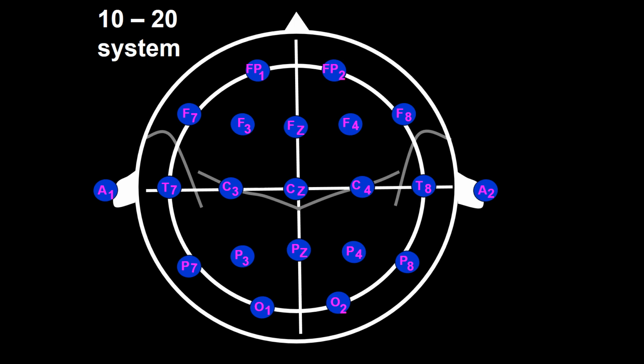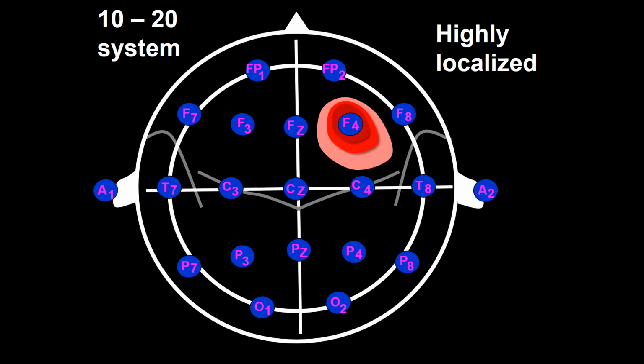One way of labeling an electrical scalp field is relative to the scalp area involved. This is often based on the number of EEG electrodes involved and their relation. A highly localized field usually refers to an electrical field that only involves one or two electrodes.